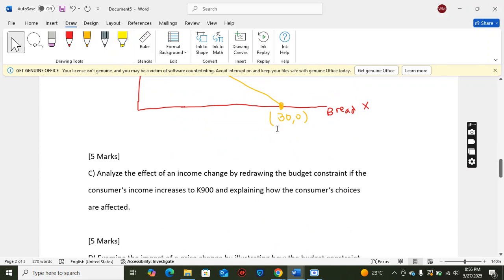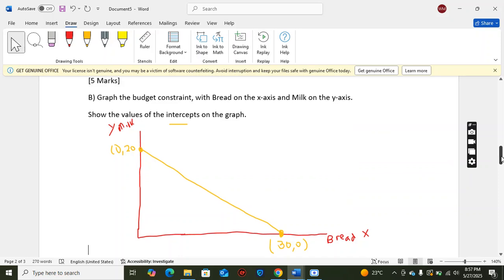Okay. So let's go to the next part. So this is how you draw the budget constraint, colleagues. Just get the intercepts and connect them. Do you also want to know the other way you can do it, or it's the long cut way? It's the long cut.